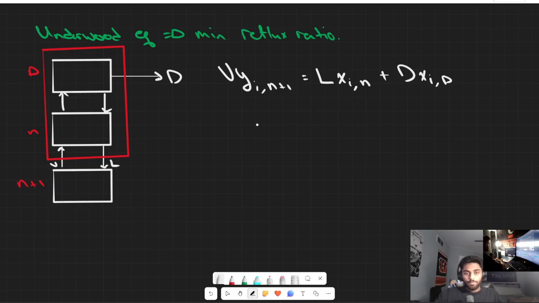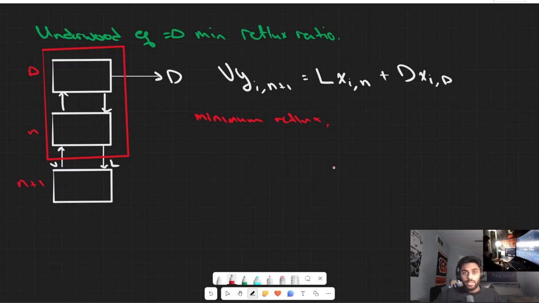The big assumption that we make with the Underwood equation is that in order to minimize our reflux ratio, we basically want minimum reflux.